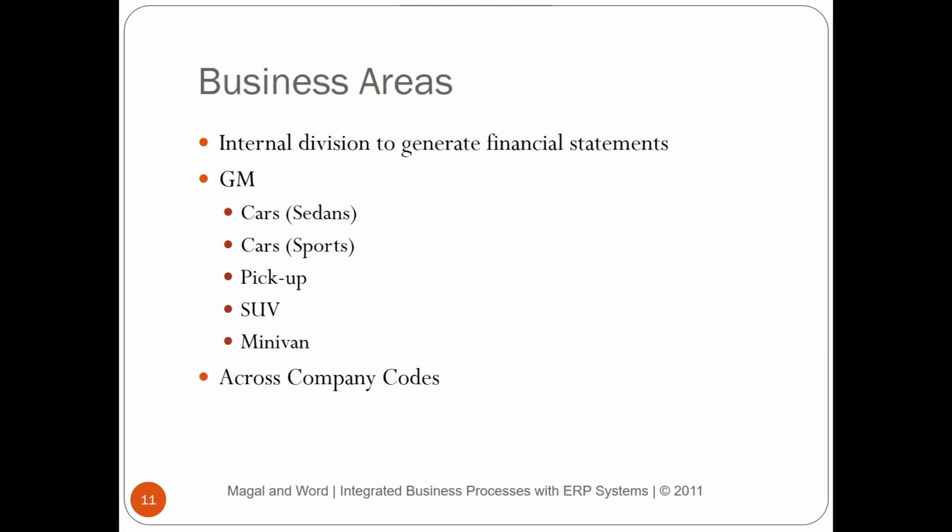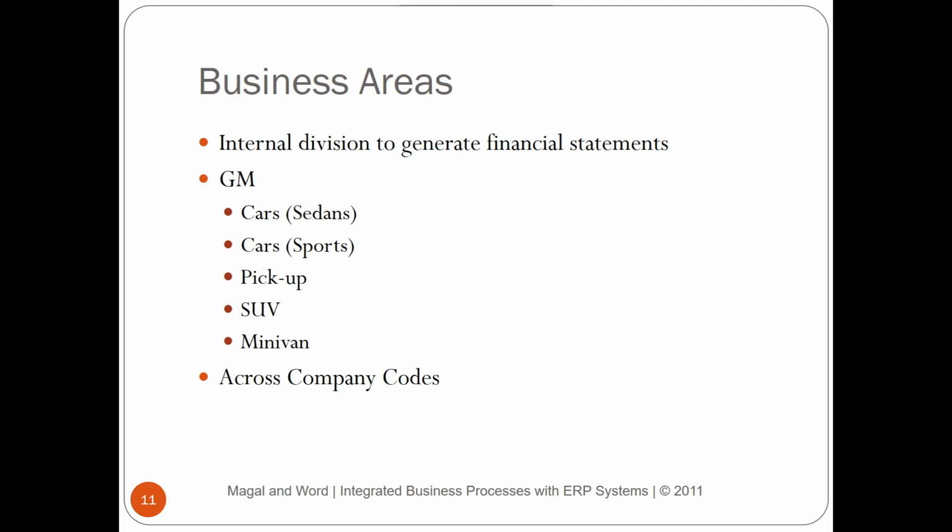About business areas, they are the internal divisions of an enterprise that are used to define areas of responsibility or to meet the external reporting requirements of an enterprise segment. So what is a segment?